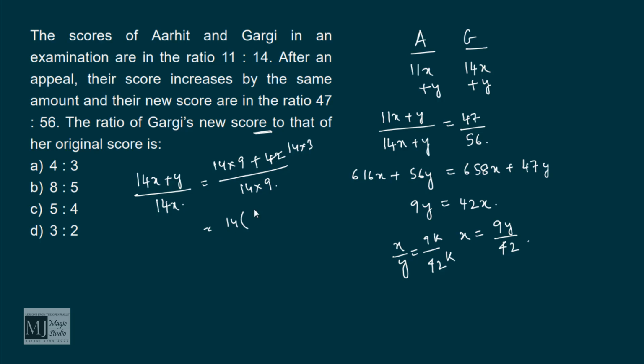Now 42 is 14 into 3. I can take 14 common. 9 plus 3 is 12. 14 into 9 cancels out, 12 by 9 cancels with 3, 4 times and 3 times. So what we have is 4 by 3. So the required ratio is 4:3. Option A.